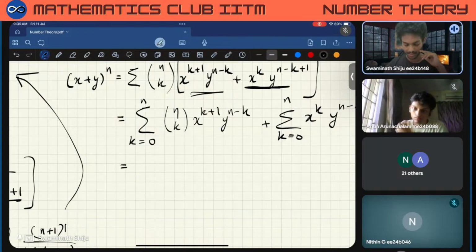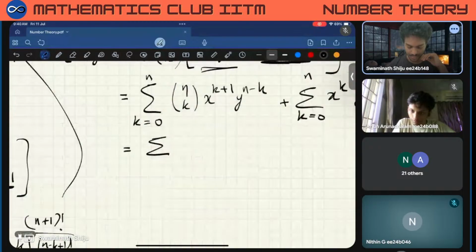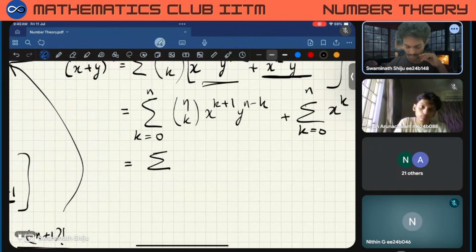We are going to push k, k is equal to, what do we want to do here? k is equal to k dash minus 1.